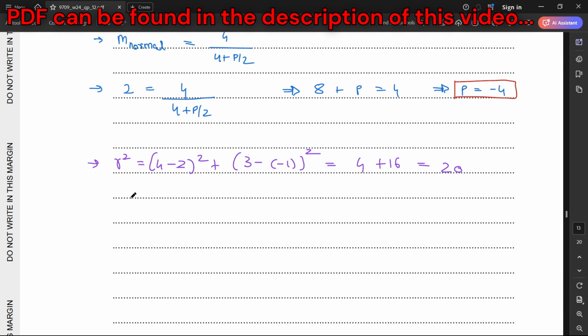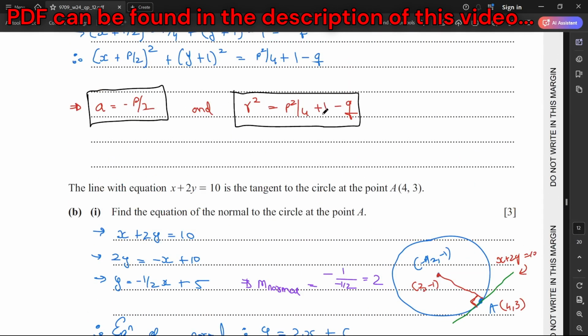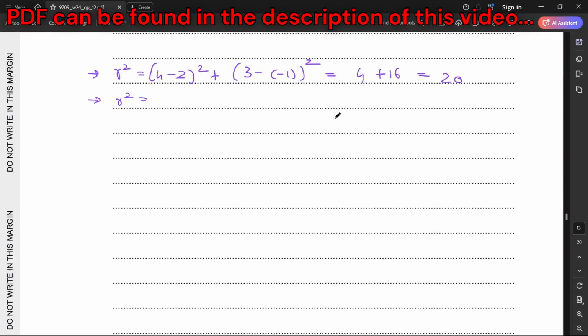And therefore, I also know that r square is equal to p square by 4 plus 1 minus q. The only unknown now I am having is the value of q. So r square is 20. My p value was minus 4. So minus 4 square was 16. 16 by 4 is 4.